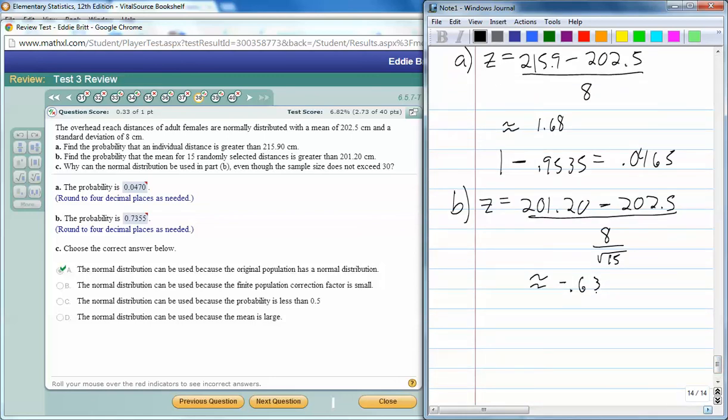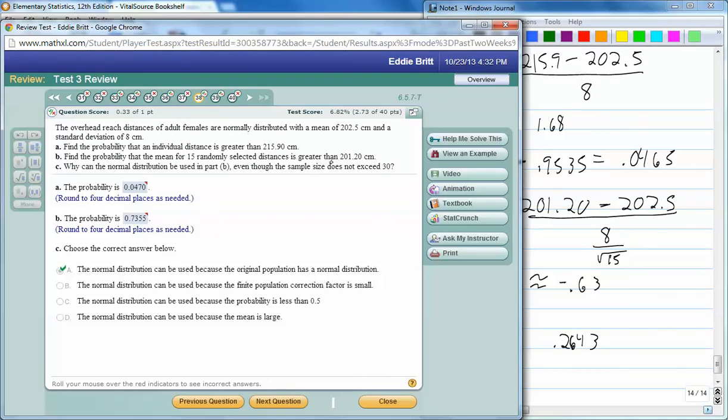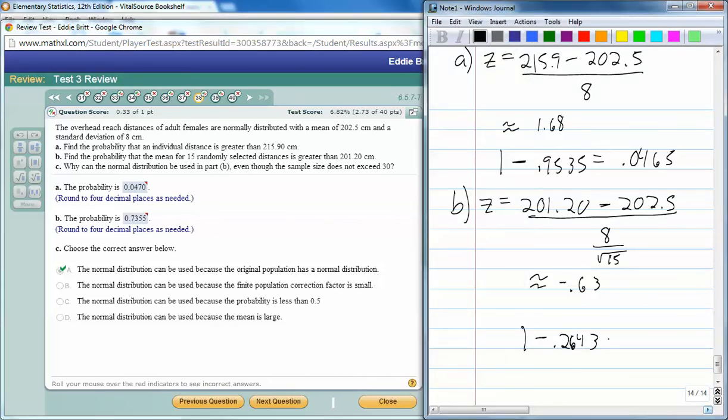If you look that up in your z-score chart, that's going to give you 0.2643, but that's not the answer. Why not? Remember, the greater than was in this problem. So since it said greater than, that tells me I need to say 1 minus that. And I got 0.7357.